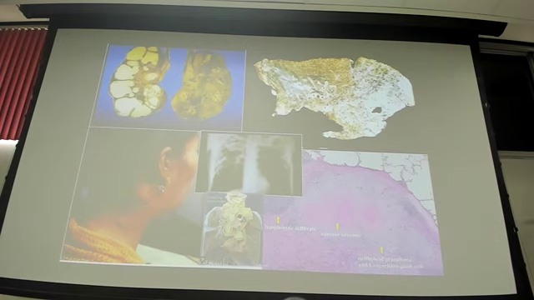A couple more pictures of what these granulomas look like. Here you have some disseminated tuberculosis in this woman's neck. Here you have some sinus involvement. You can see cervical sinus involvement. A chest X-ray, primary tuberculosis. These look like airways, probably from an infant who may have died of tuberculosis.